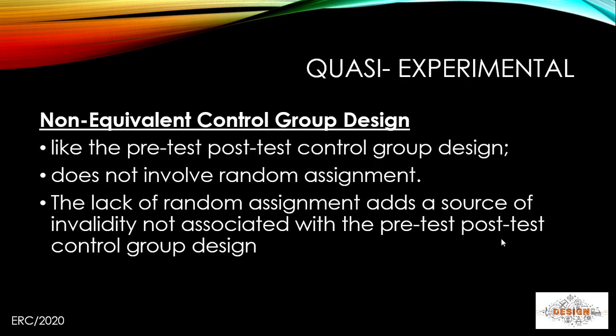Okay, the two more commonly used quasi-experimental designs are the non-equivalent controlled group designs and the time series design. Okay, in the field of research, it is possible to compare an experimental group with a similar but not necessarily equivalent group.